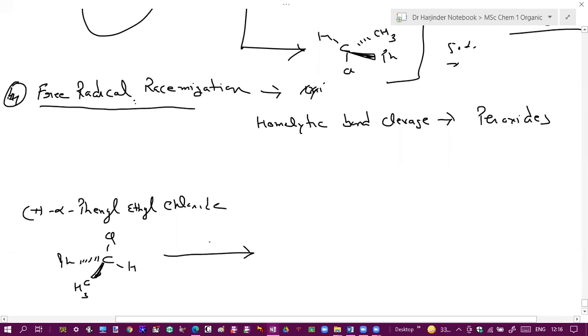What will happen? Homolytic bond cleavage.